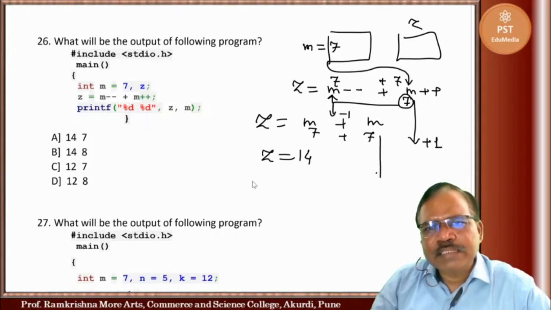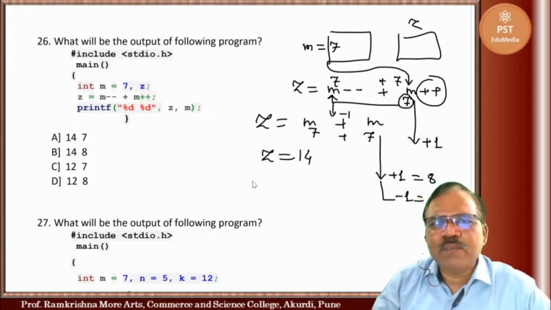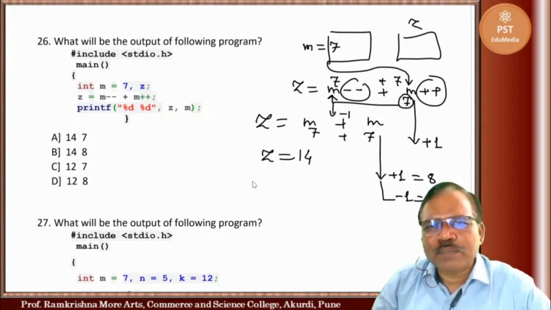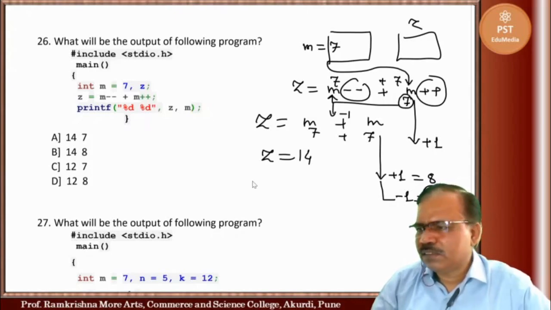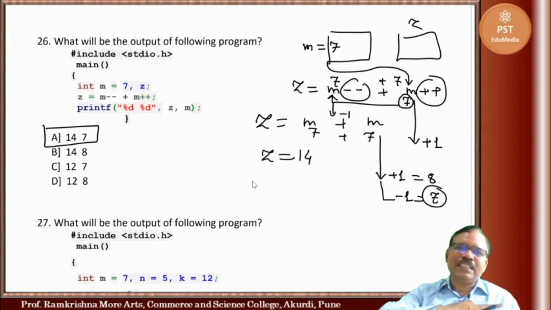Then m is increased by 1, so it becomes 8, and then it is decreased by 1. One increment and one decrement, so it becomes 7. So what is the answer? 14. It is increased by 1 and decreased by 1, so it becomes 8 and again 7.